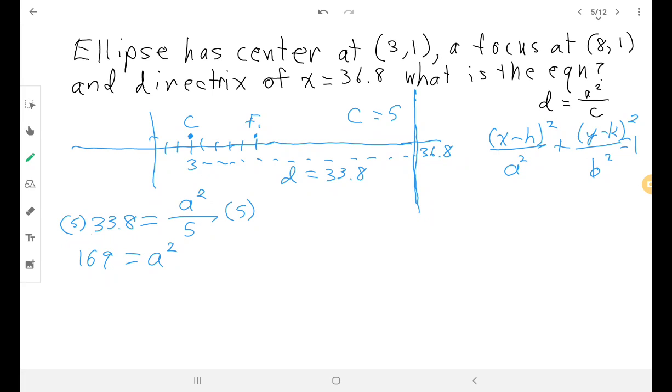I'm trying to write the equation so I don't even have to know what A is, but A is the square root of that, and if you know your squares for a while, you know that A is actually 13. But we don't need A. We need A squared. So this is enough, right? So I know, okay, A squared equals 169.